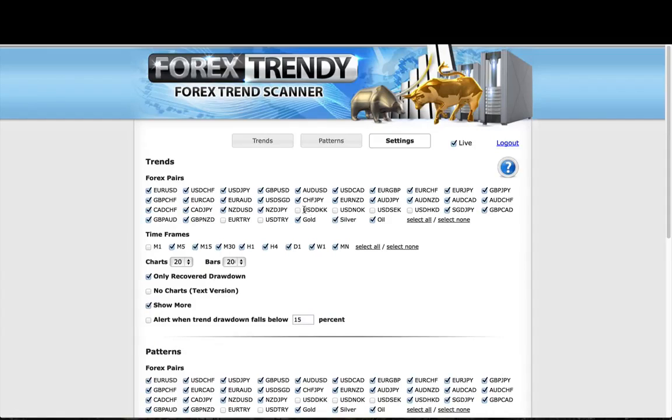So what I've done here, of course, is I've turned off some of the high pip spread instruments. As a rule of thumb, you always want to use a broker that has a low pip spread, like effectively low commissions, and don't get confused between commissionless and pip spread, because generally both exist.